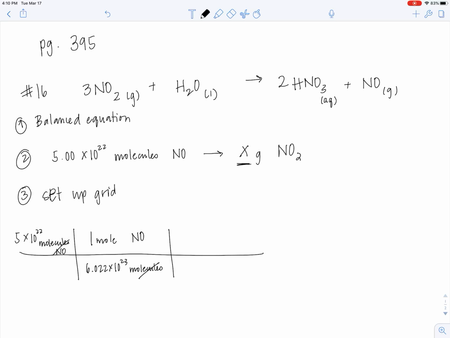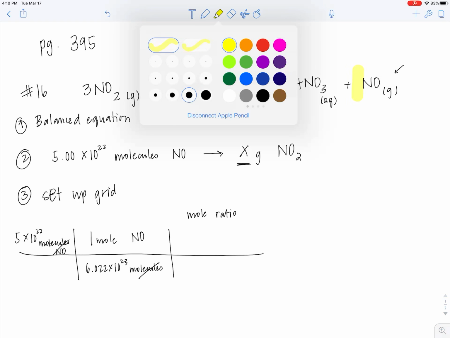Now I need to use the coefficients for my mole ratio. This third part is going to be my mole ratio. My mole ratio looks at the coefficients in front of the reactants and products in my equation. So I'm first going to look at nitrogen monoxide, and there's nothing in front of that.